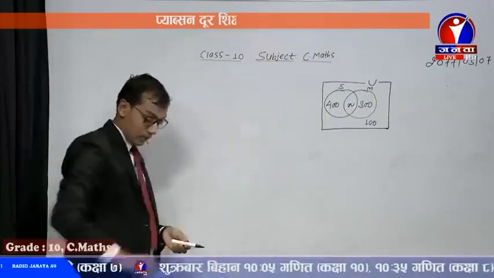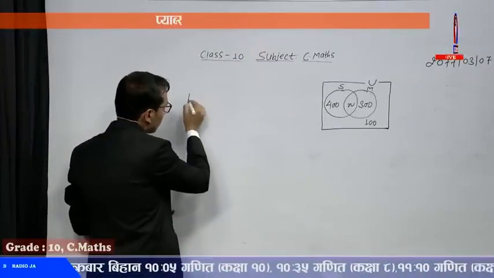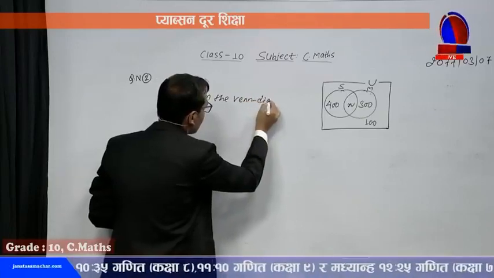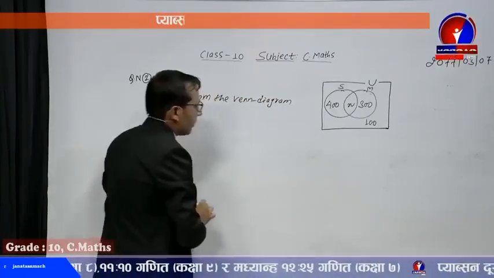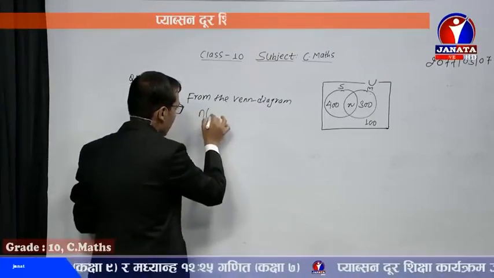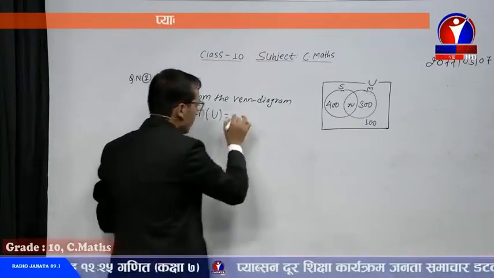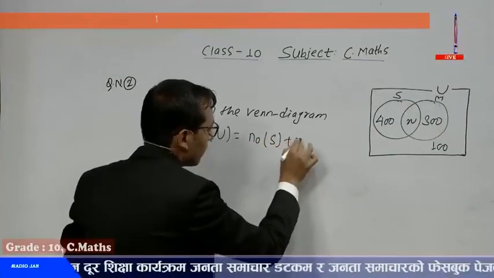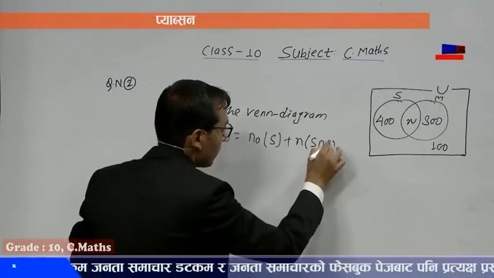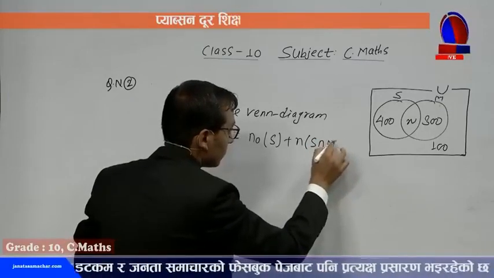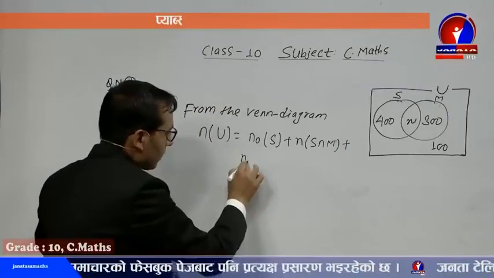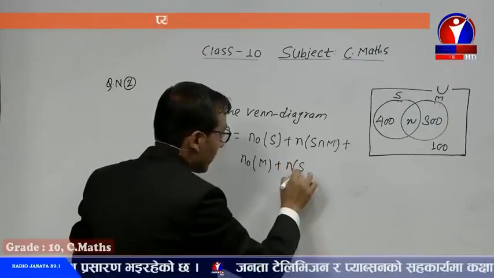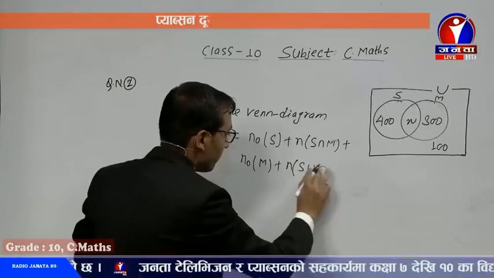Let's write from the Venn diagram. From the Venn diagram, what is n(U)? n(U) is n(only S) plus n(S intersection M) plus n(only M) plus the complement, (S union M) complement.